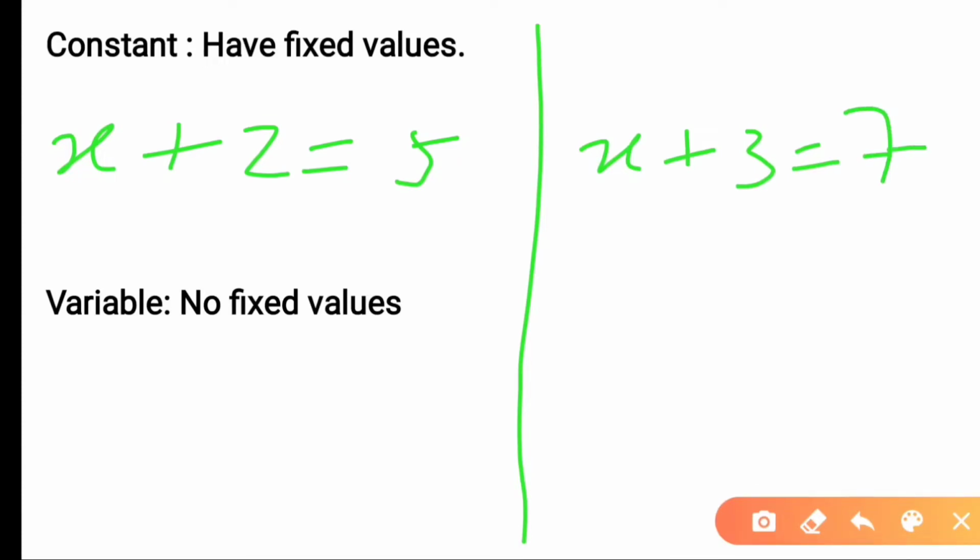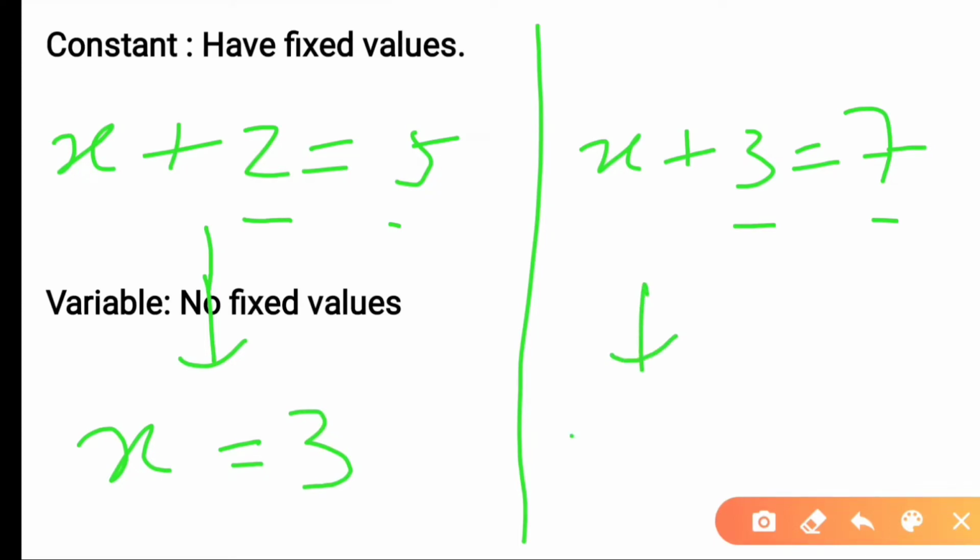Here in example 1, 2 and 5 are constant terms, and in example 2, 3 and 7 are constant terms, as their values always remain the same. But on solving the first equation, we get the value of x as 3, whereas on solving the second equation, we get the value of x as 4.